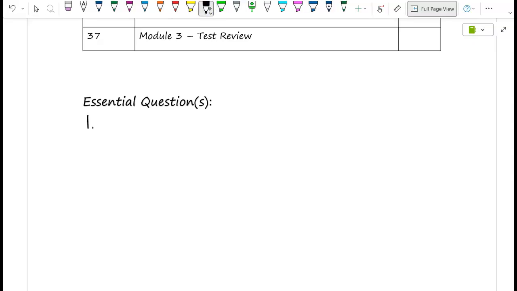Our first one: do the data represent a function? Question number 2: what are the features of the graph of this function?